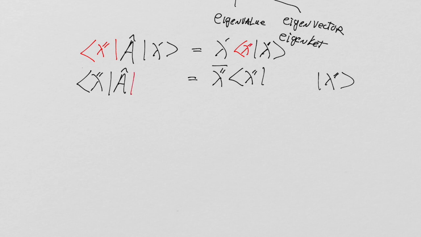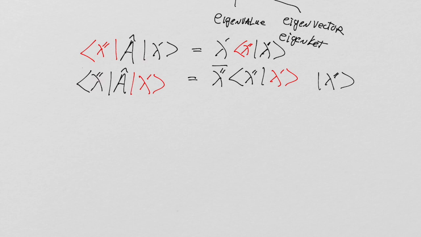And then on this side, I'll do it with the ket lambda prime, which is a little easier to squeeze in. Now what do I have? This is a complex number, the inner product of lambda prime and lambda double prime. These two are the exact same inner products. And this is the inner product of the ket A acting on lambda prime with lambda double prime. So this side's the same.